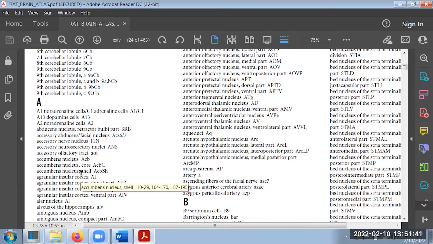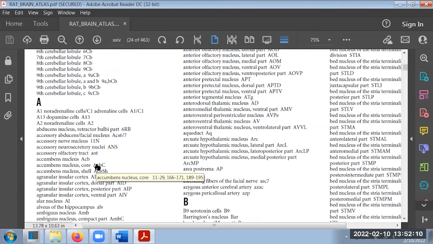So we see accumbens core, and if we hover over the abbreviation, it actually gives us a bunch of numbers. These are the figure page ranges. The atlas doesn't start counting page numbers until you start looking at the actual diagrams of the brain slices, or sections, as I call them.